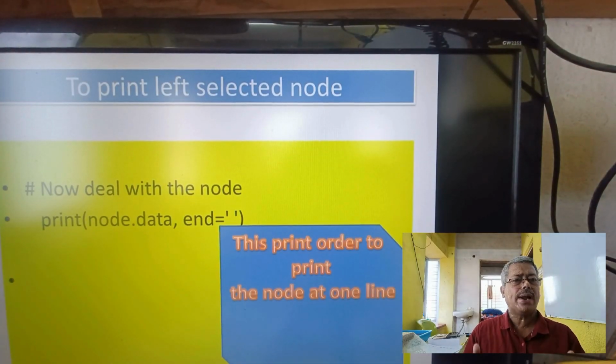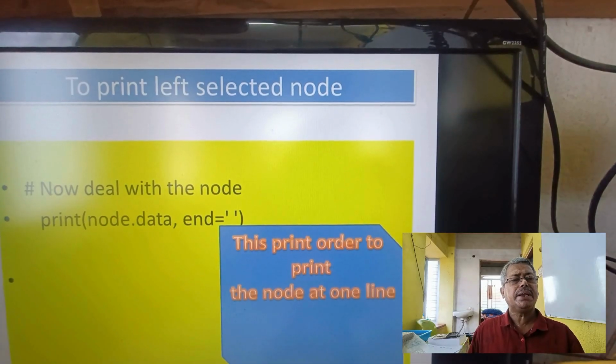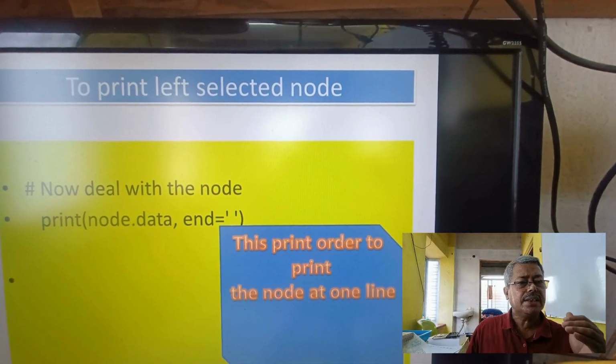Now we have to print out the details of the traversal. One by one we travel from the left node and print the left node. From the root node we print the root node, and again we take the right node and print the right node. At each step we take the details of the node and print each node one by one. And this output is not line by line, but on one line.